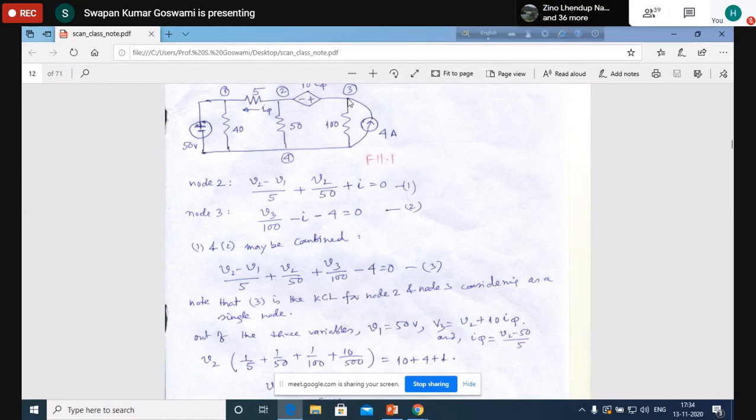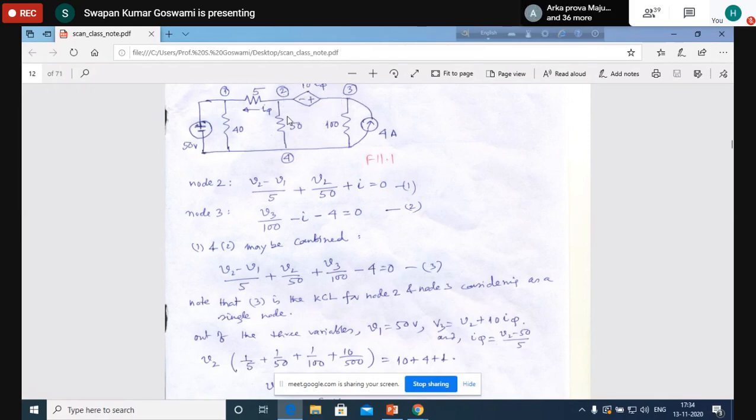Node 2 and node 3, they are 2 separate nodes, but as if the KCL equation is written for these 2 nodes taken together. How? We are considering current flowing through this, current flowing through this, current flowing through this, and current flowing through this, and as if 2 and 3 are being considered as a single node. This is a larger node. That's why it is called a super node.